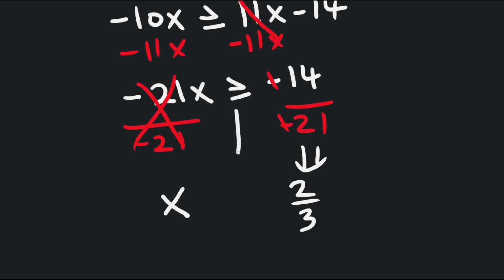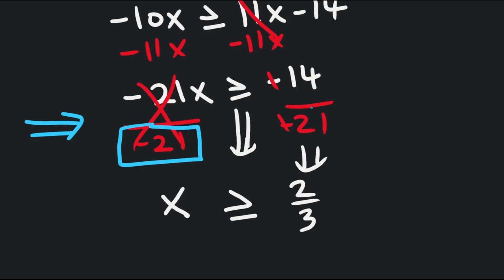And now check this out. We have this greater than or equal to symbol here, but this is not true. We have not solved this. We've missed one step. And the thing is, we have divided at this step right here. Take a look. We divided both sides by a negative number.